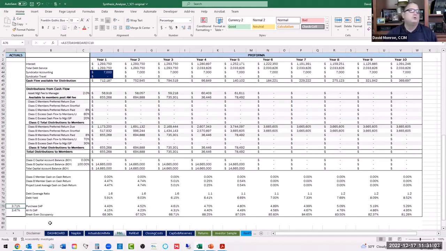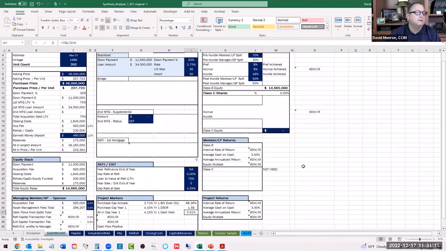So if you purchase this property, these cash flows are based on an internal rate of return of, if we go back to the dashboard, actually there's no internal rate of return. You don't get an internal rate of return. Average cash on cash is only 3%.